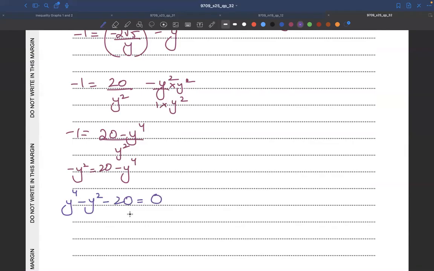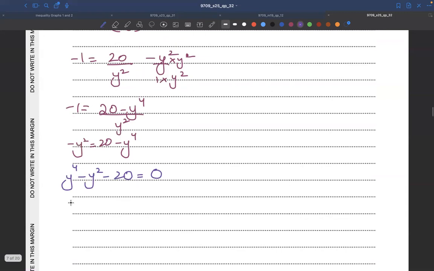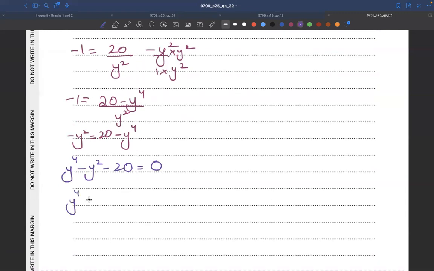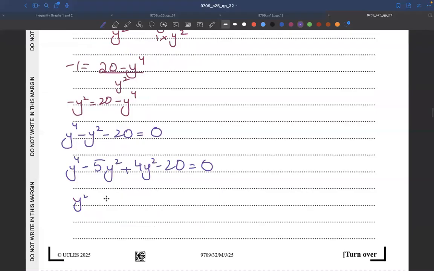We can solve it like a quadratic equation by middle term breaking. We can write it as y power 4 minus 5y square plus 4y square minus 20 equals to 0. Taking y squared common, we'll get y square minus 5, plus taking 4 common, we'll get y square minus 5 equals to 0.